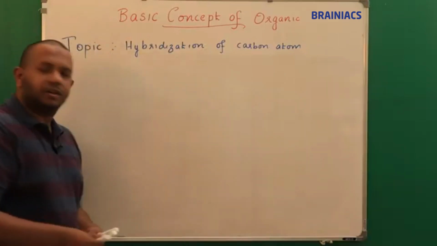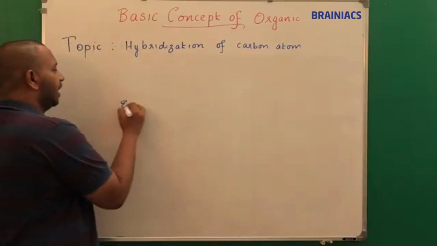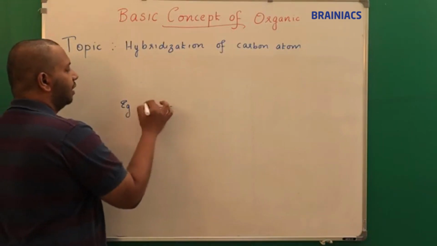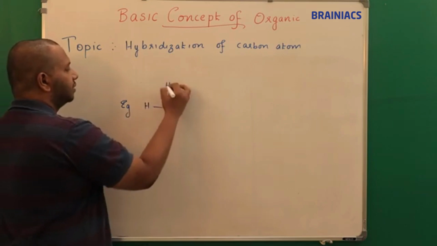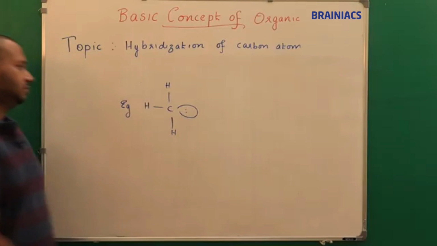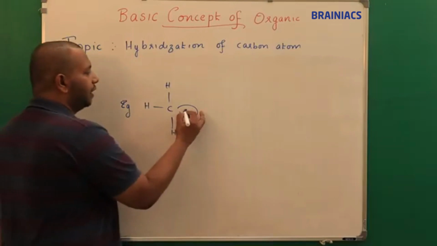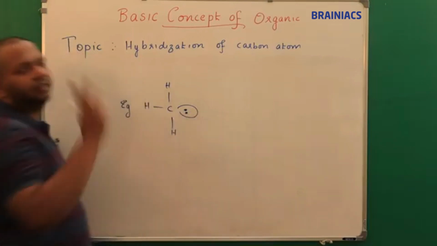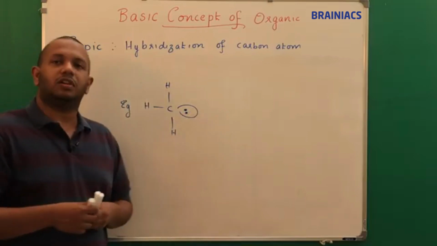The special case is where the carbon atom will have a lone pair. For example, three hydrogen atoms are present like this and a lone pair is present. If a lone pair is present, there are two possibilities. That is very important.